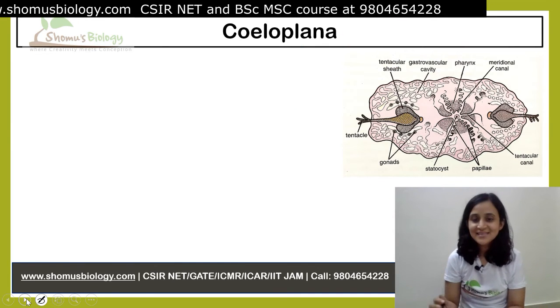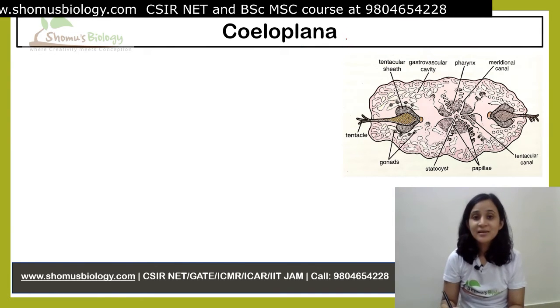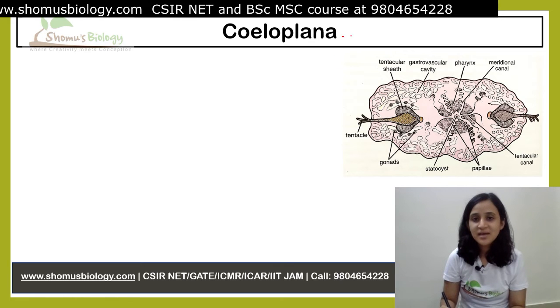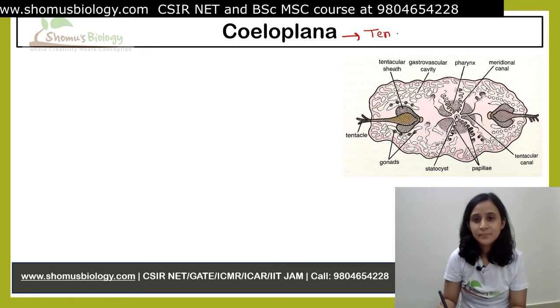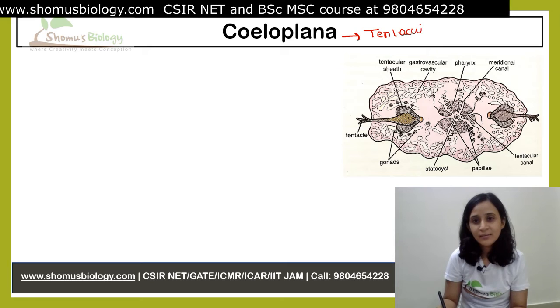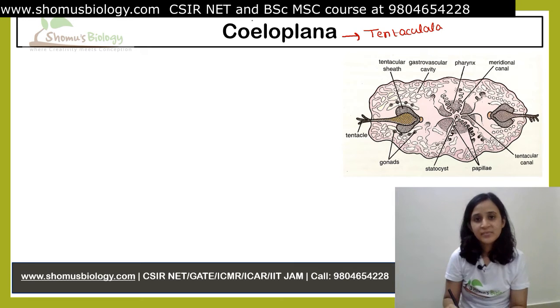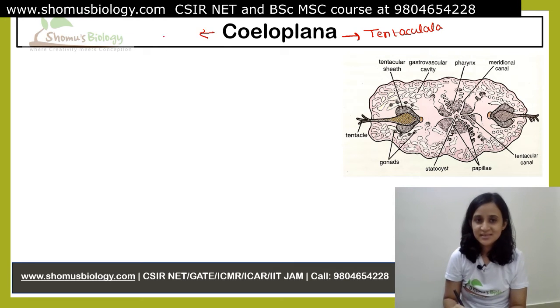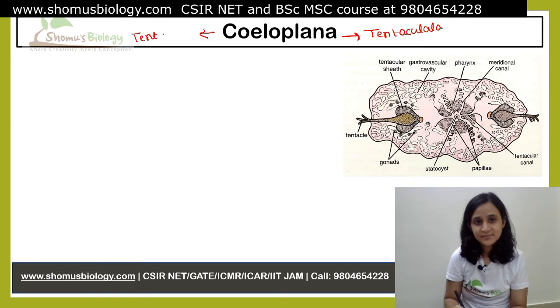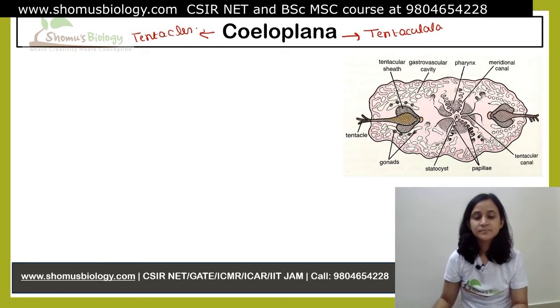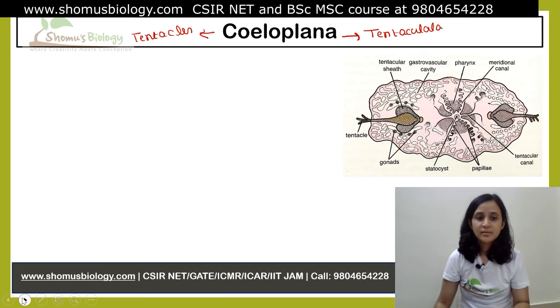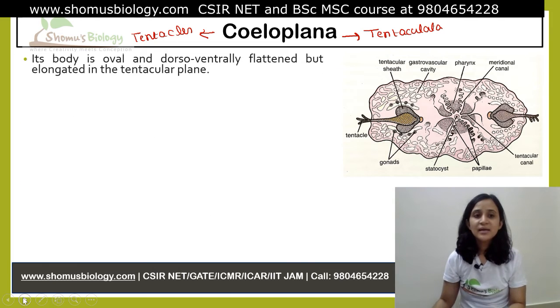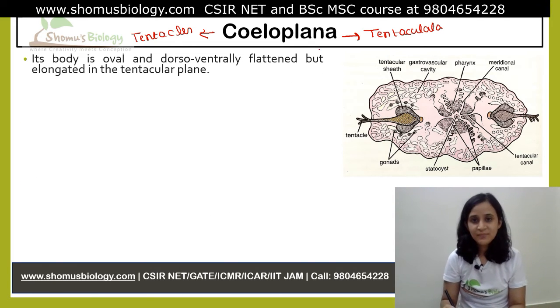Okay, next is Coeloplana. It also comes under Tentaculata, that means it possesses tentacles. So its body is oval.